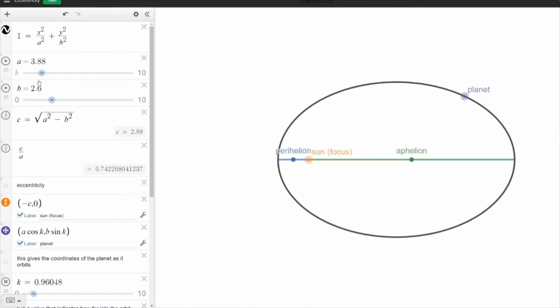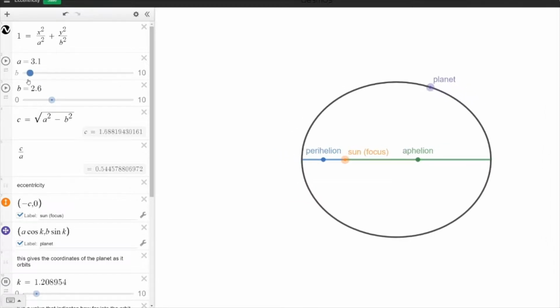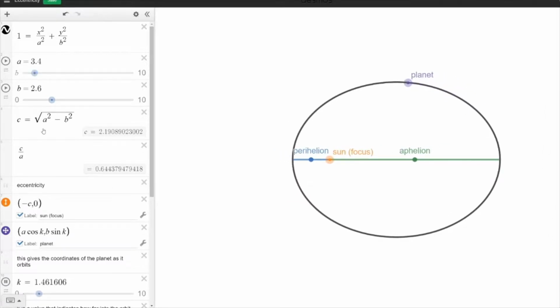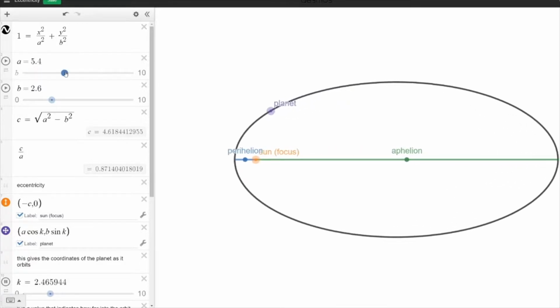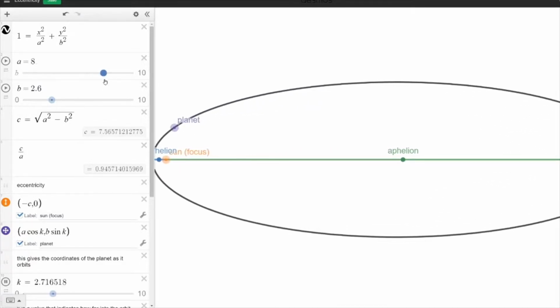Any questions about any of these words or planetary orbits? It's not just planetary orbits, it's any gravitational orbit. Comets in our solar system come in and out, and comets have extremely high eccentricity. They'll be gone for a long time and then come close.